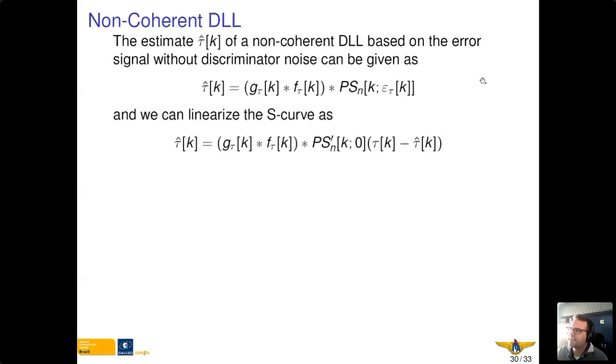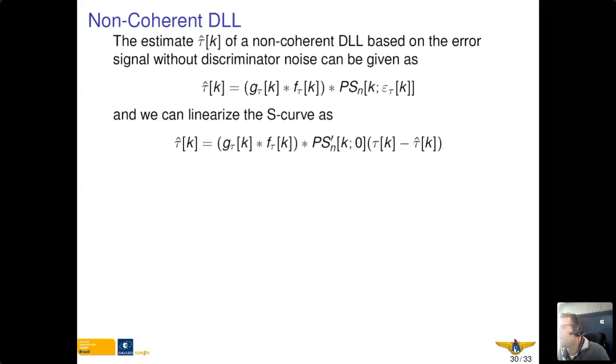Now we can linearize this, because in this formulation we have no direct connection between the DLL error and the discriminator output, and so to the time delay estimate. So we can say, okay, the loop S curve is linear around the true value. We linearize around this, and the true value is achieved if the error is 0, right? So we can take the derivative.